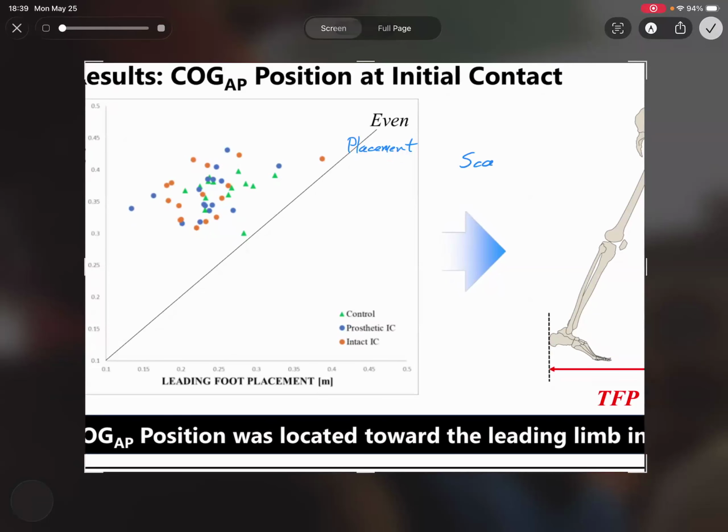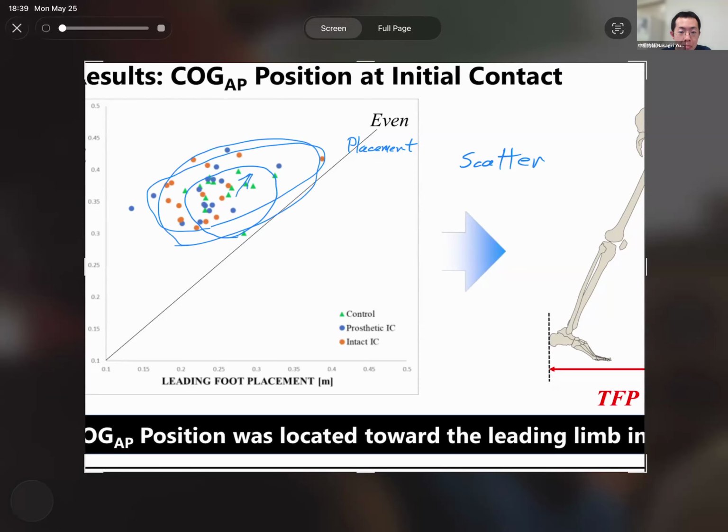I'll write it down. Scatter. Ah, scatter. Yes, I'm not seeing a trend. For example, if I draw an ellipse around the controls, and I draw an ellipse around the prosthetics, and then I draw an ellipse around the intact, it almost seems like the tendency is a scatter.